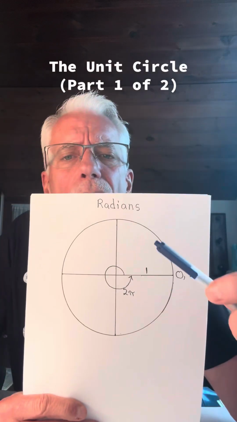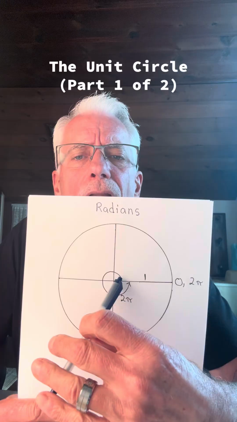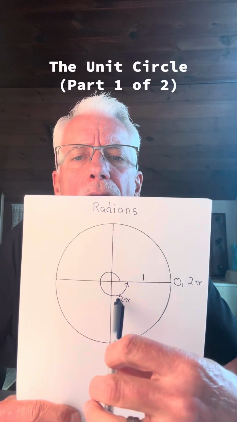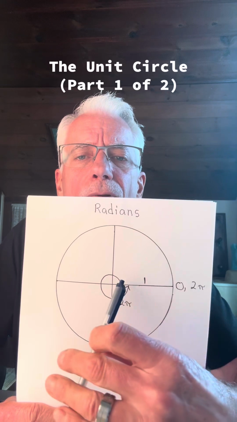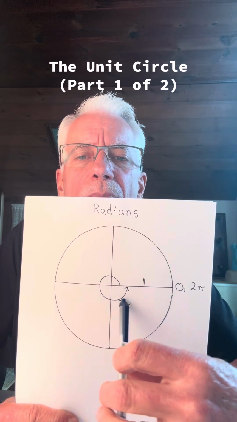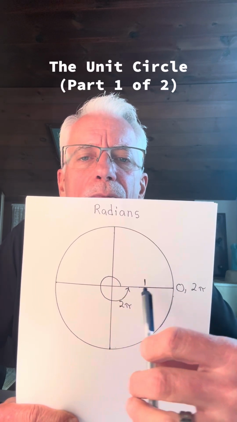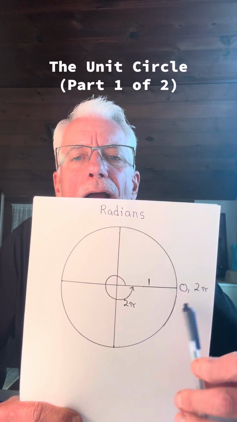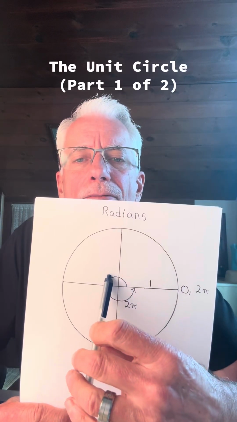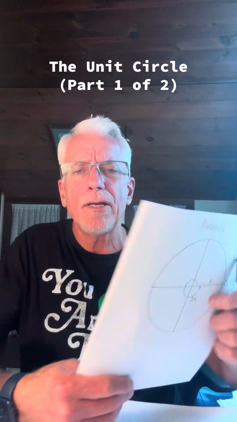Remember, we go counterclockwise. All the way around the circle is 360 degrees, but in terms of radians, it is 2 pi radians. Look, there's my radius of 1 right there. If I went halfway around the circle, it would be 1 pi.